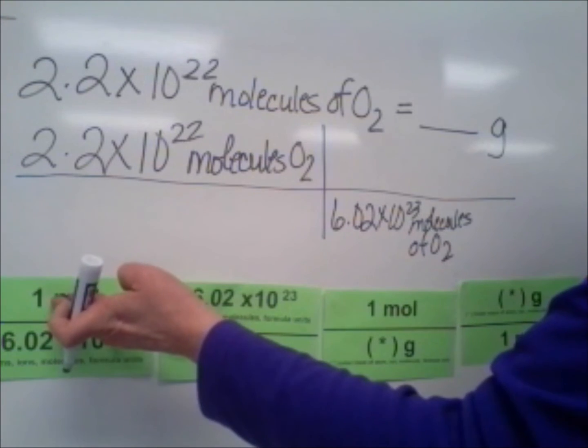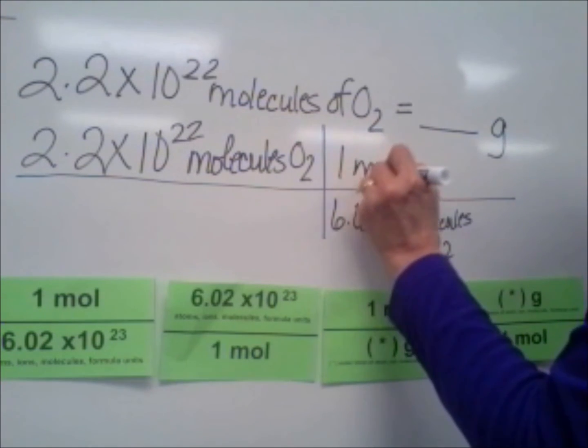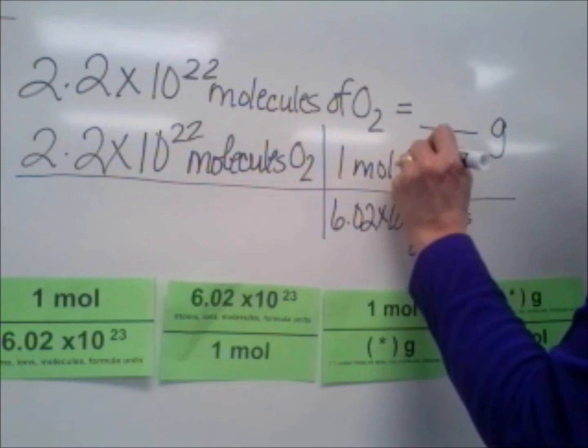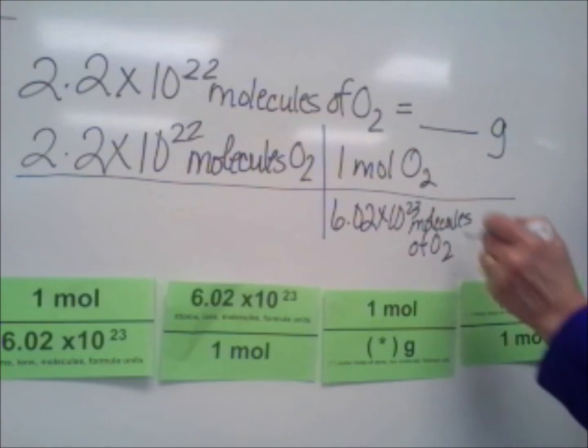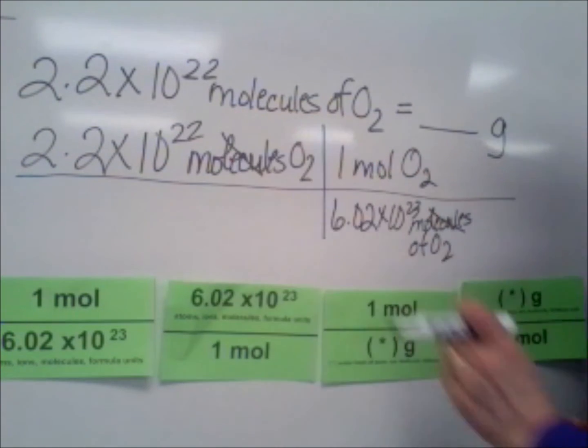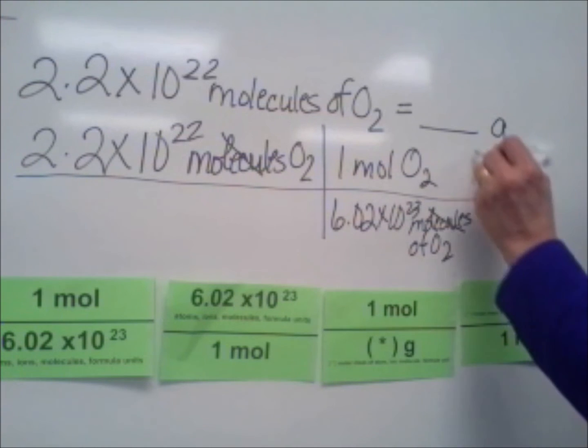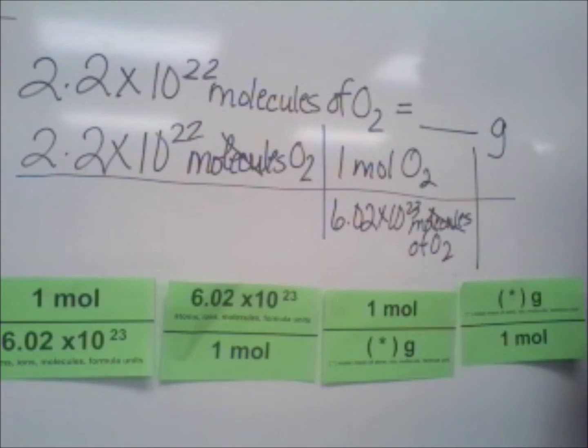And of course, that is the number of particles in 1 mole of O2. So now we've canceled out the molecules. The next step then is to take our mole of oxygen and convert it to grams.